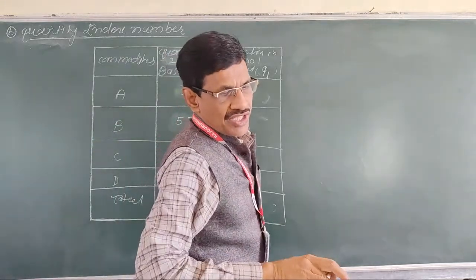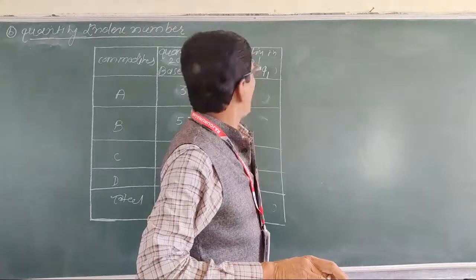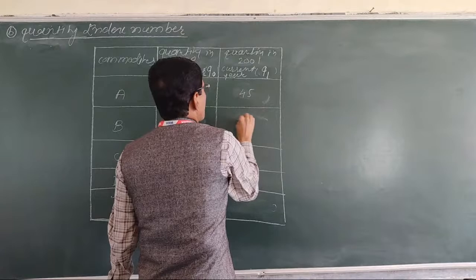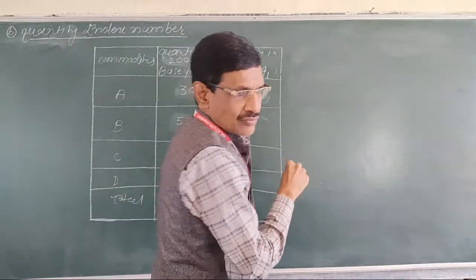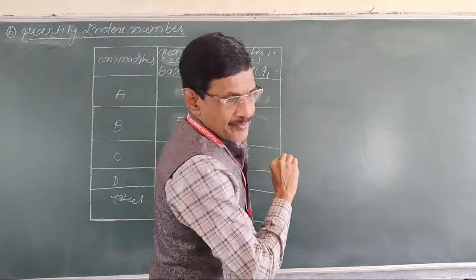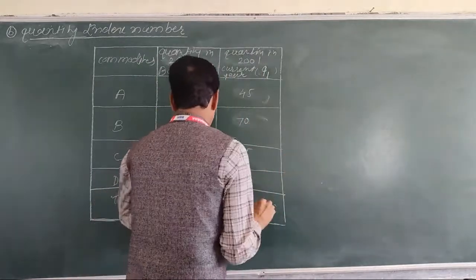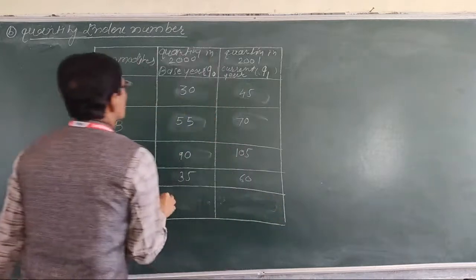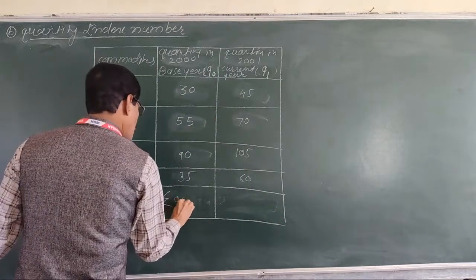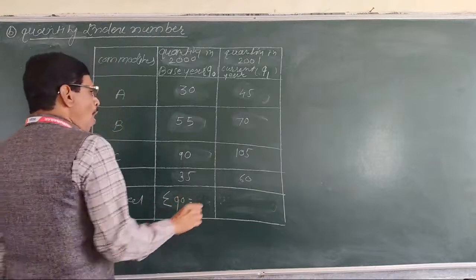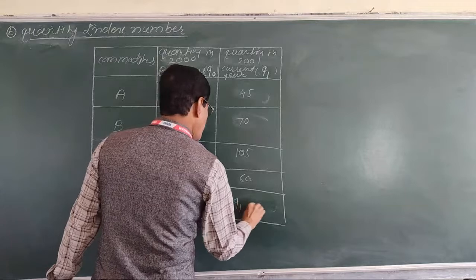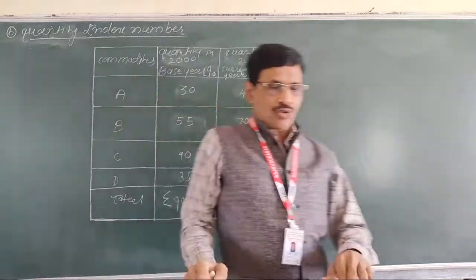The current year's quantities in 2001, meaning Q1, are 40, 45, 70, 105 and 60. Okay, so summation Q0 is equal to something, and summation Q1 is equal to something else.